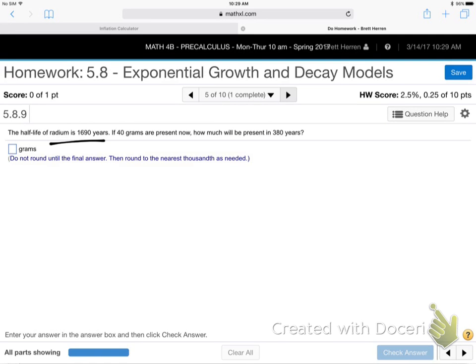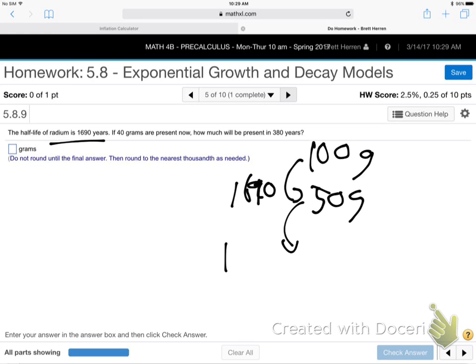1,690 years. Right? So if you have a chunk of this radium sitting around in your office, your lab, after 1,690 years, half of it will be dissipated, just float away. So in other words, if you start with 100 grams of it, then 1690 years later, you'll have 50 grams.